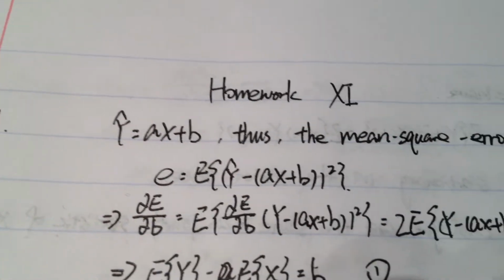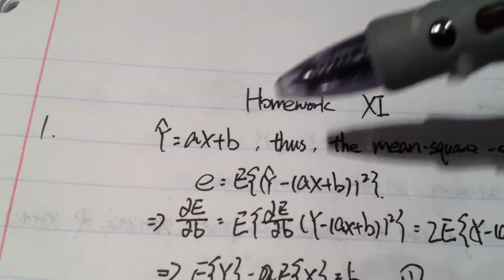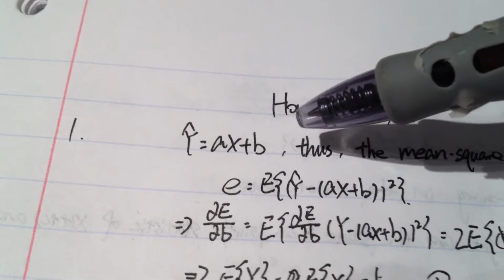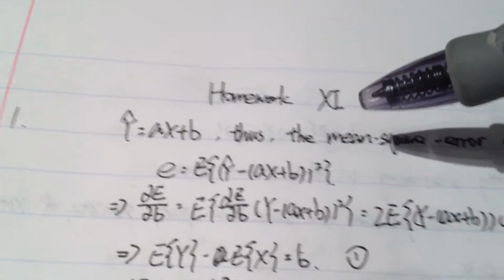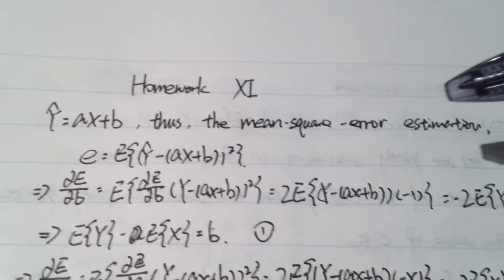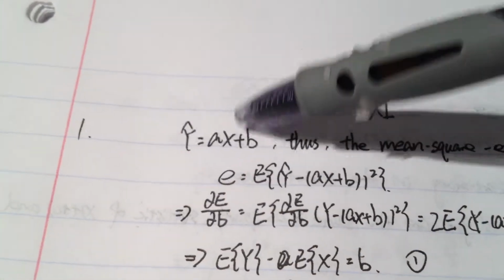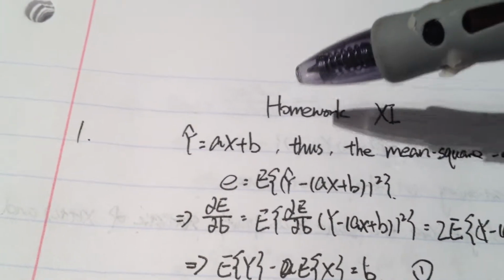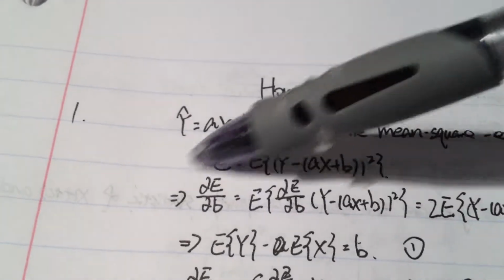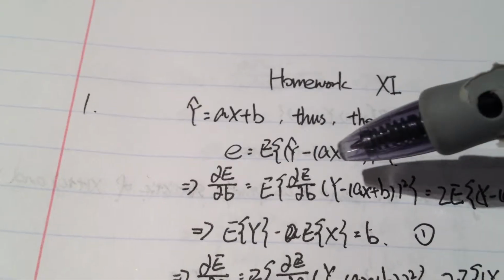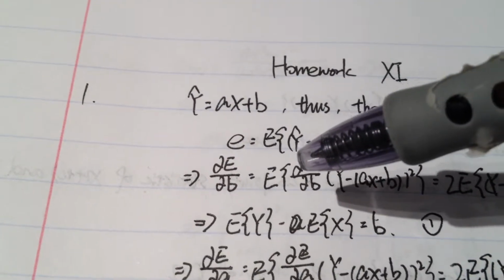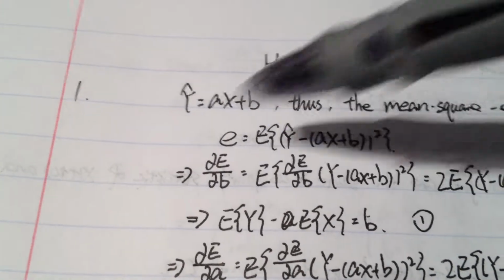Well, for the first question, y equals ax plus b, and thus the mean square error estimation of this function y minus ax minus b equals this part, so that we take the derivative with respect to b on both sides.